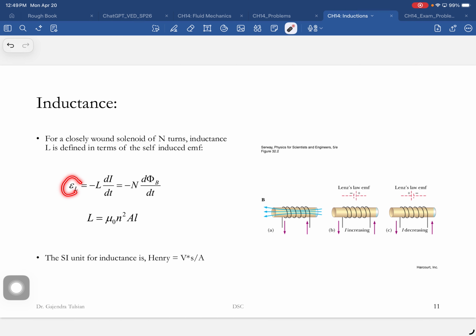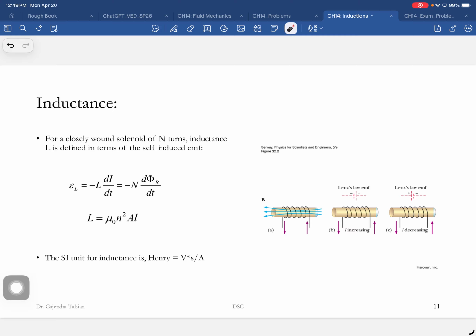Notice, if the current is steady, not varying with time, the induced EMF is 0. So this thing only fights changes in current.